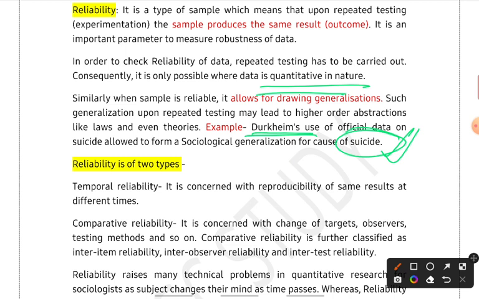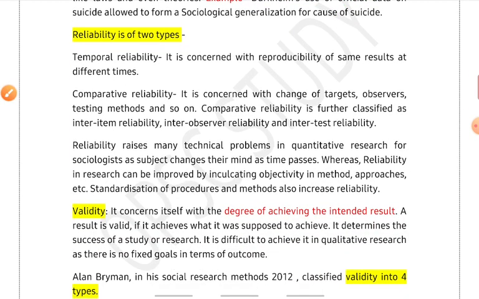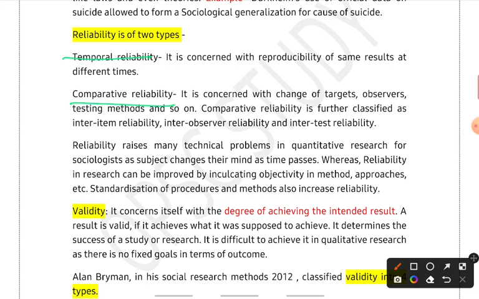Then reliability is of two types: temporal reliability and comparative reliability, right? Reliability raises many technical problems in quantitative research for sociologists, as subjects change their minds as time passes. Obviously, religion as a concept today is not the same as it was in traditional society.